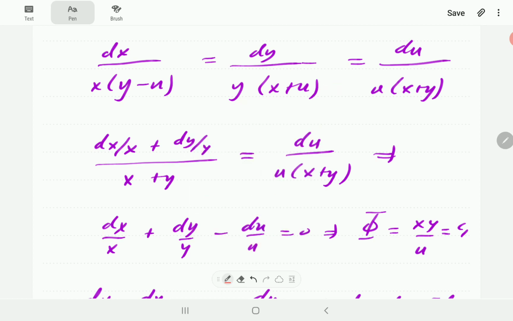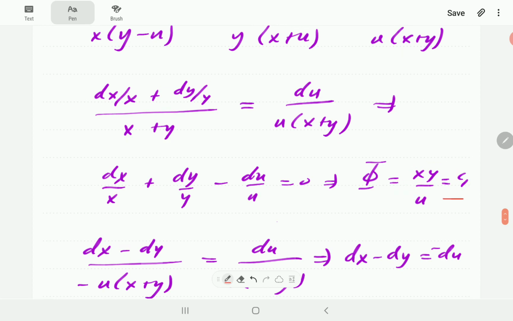Now if we rearrange the first term and add like this, then you can see that the denominator is going to have a common factor of x plus y with the last term. If we cancel that out, then the ODE will look like this, which we integrate to get our phi.